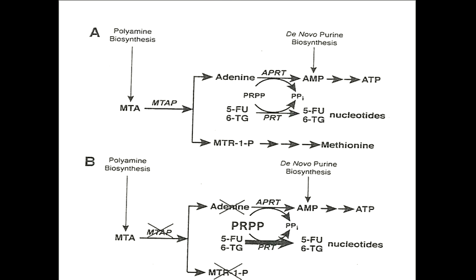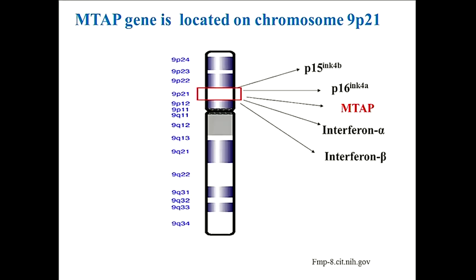So this bottom slide shows the lesion which occurs with MTAP deficiency, and that is now there's an increase in this co-substrate PRPP, and this allows bases like fluorouracil and 6-thioguanine to be converted even more efficiently to nucleotides and be more potent anti-cancer drugs.